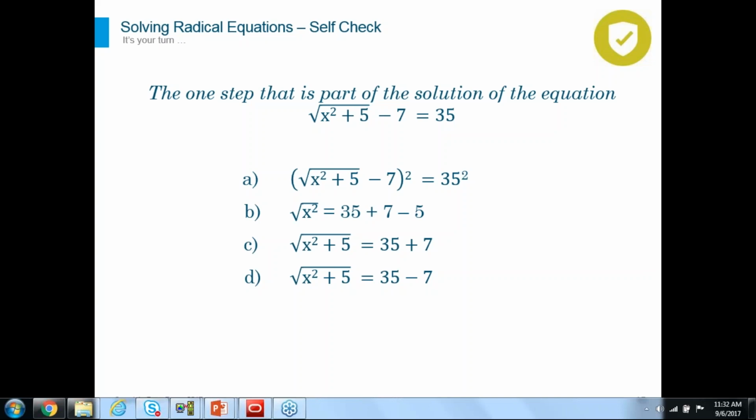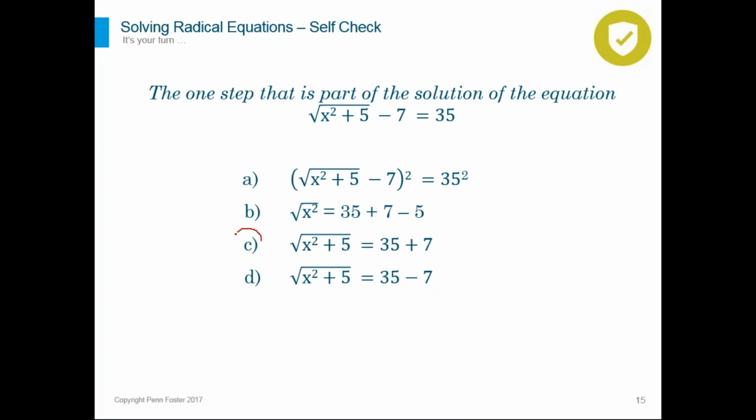Okay, so the right answer is C. C is the only right step that should be included in your solution. Here we squared both sides with having a minus 7 with the radical expression. That's incorrect. Here they subtracted 5. They brought that 5 from under the sign and just decided to subtract it.